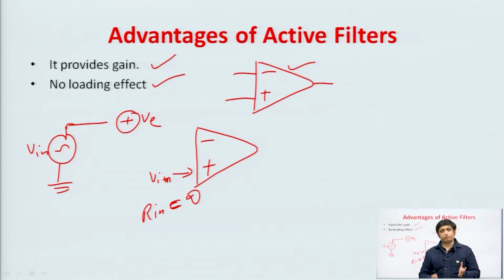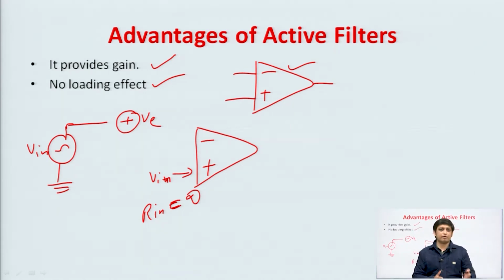Earlier, the slew rate and the bandwidth of the op-amp were very limited, so it limited the bandwidth and slew rate of the active filters also, but over a period of time the bandwidth and the slew rate of the op-amp IC have increased.